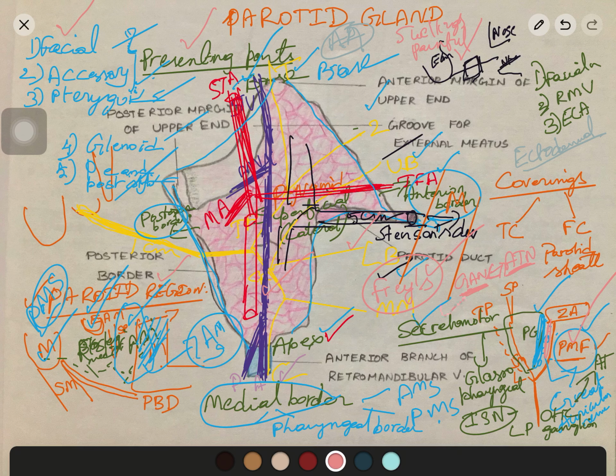This parotid gland is an important essay for you. You have to draw the necessary diagrams and write in detail about all this in the answer on the parotid gland. Next class we will see the dural folds and dural sinuses in detail.